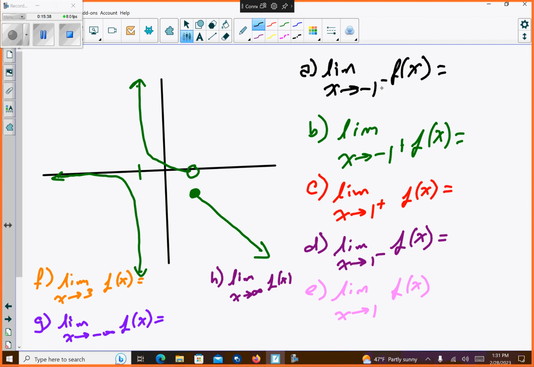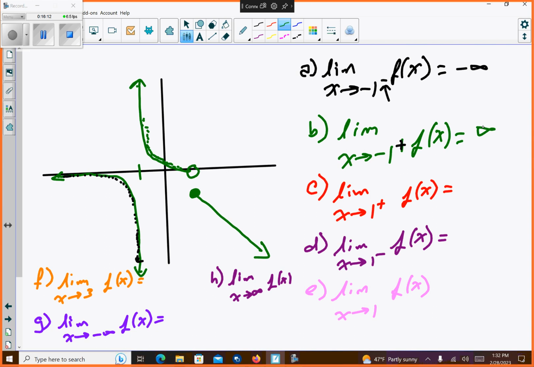All right. This negative here means I'm coming from the left to -1. So I'm traveling along this line here. Where does this black dotted line appear that it's going to in the y direction? Negative infinity is correct. If I'm approaching 1 from the positive side, where is this green dotted line going?